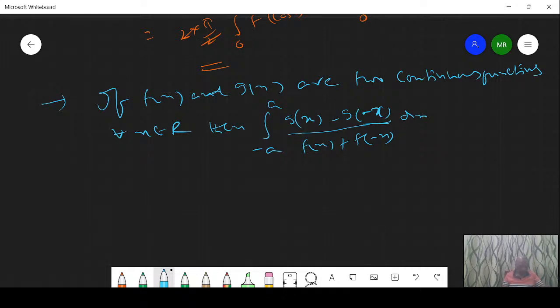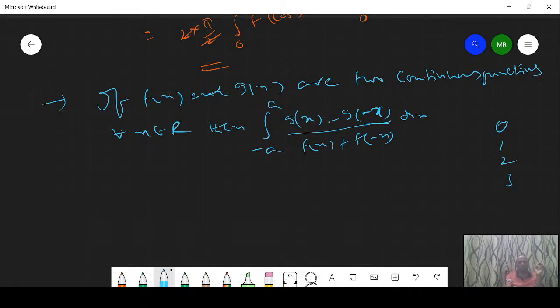Check that. What about this value? The options are 0, 2, 4 and so on. See, whenever the limits are minus a to a, verify whether the function is even or odd. Then you can decide your answer.